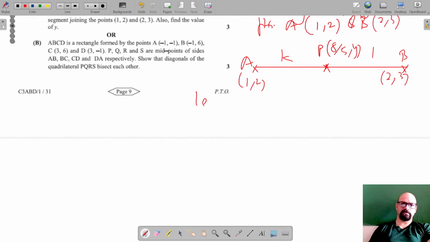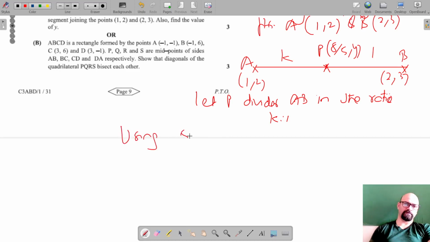So let P divide AB in the ratio k:1. We are going to use the section formula, and let's put in the respective values.